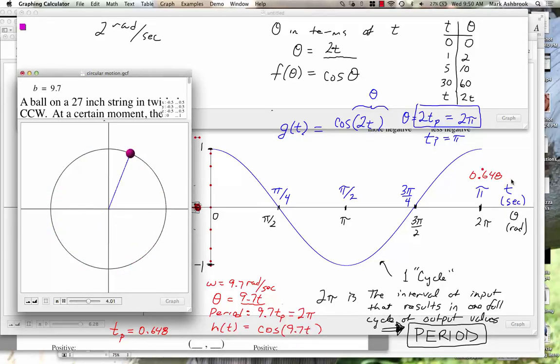Then we would divide this up into 4. We'd take 0.648 and divide by 4 to get the key times throughout the first cycle, in seconds. Divide by 4, divide by 2, 3/4 of 0.648.